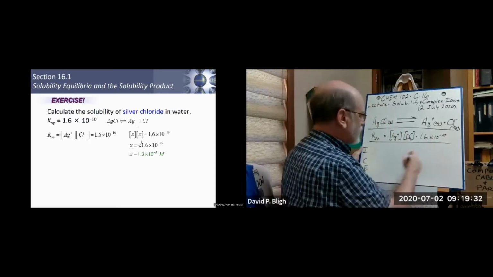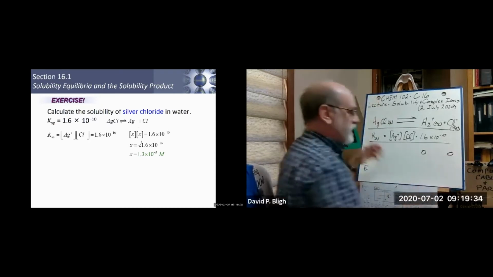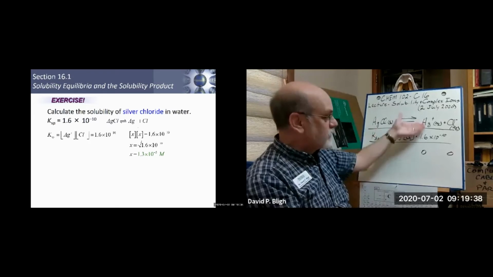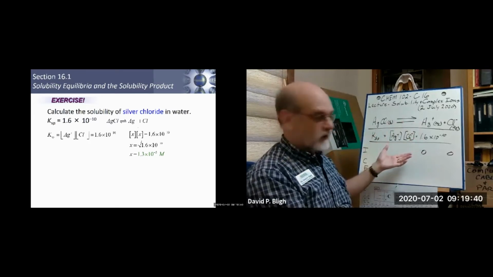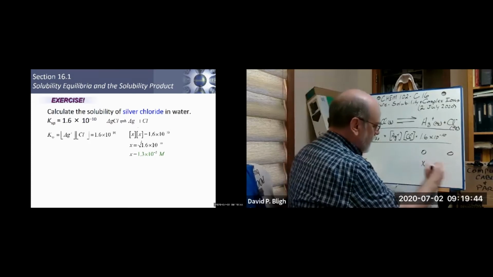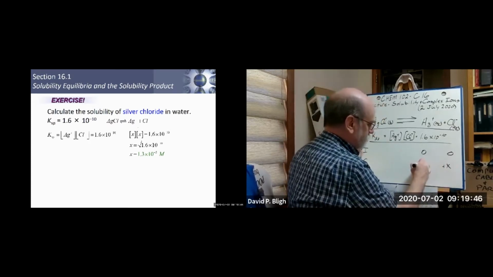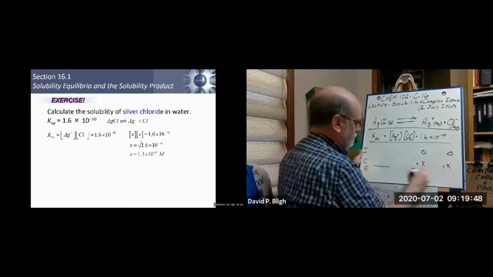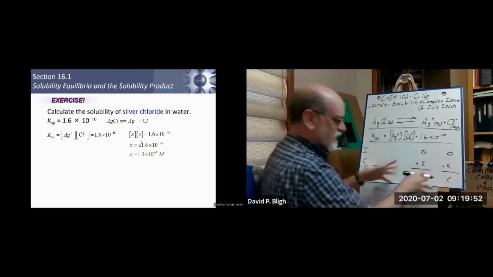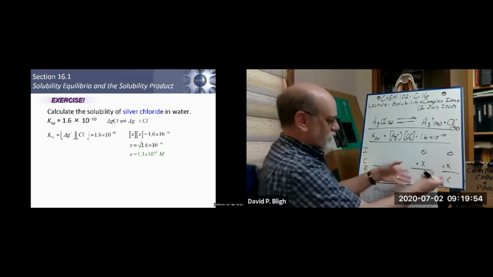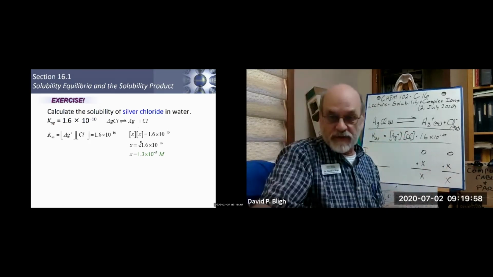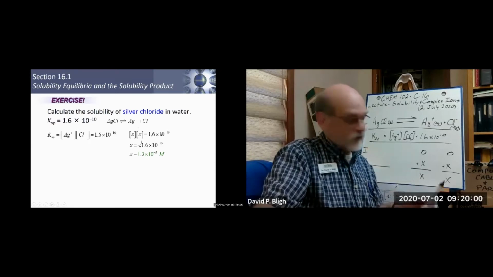Initially, if we're going to put it in aqueous solution, pure water to start with, then there's nothing there to begin with. But some of this goes into solution and produces that. So now you just have the x and the x that go into your calculations, and that's where you get x times x is equal to this value.